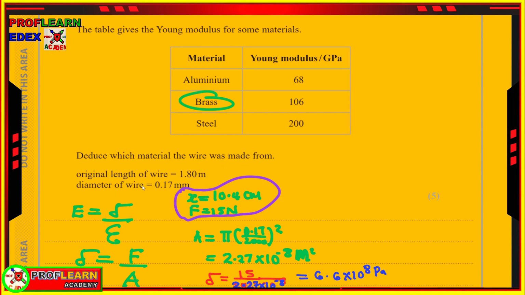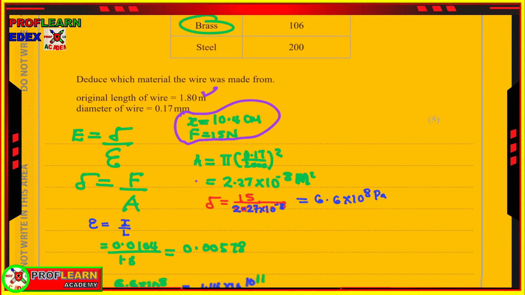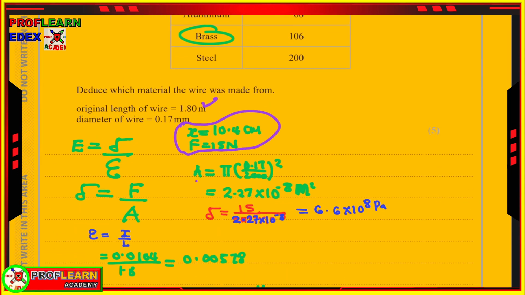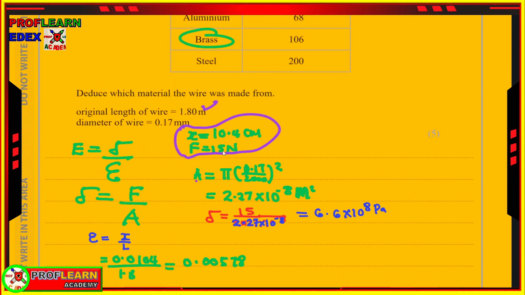Then I used the information provided here to determine the Young's modulus, because remember, Young's modulus is constant. As long as the material is the same, the Young's modulus remains the same. Young's modulus is stress over strain, but stress is force over area. So I worked out the cross-section area of the wire, using the diameter that was provided here.